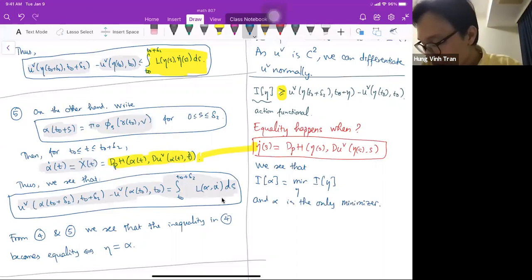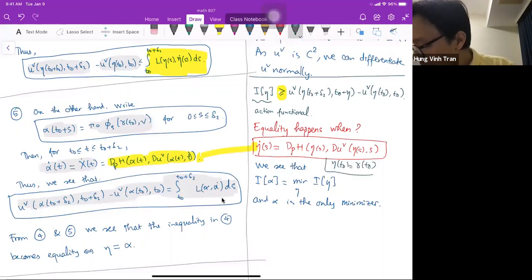Well, it is the only minimizer because you have the ODE: eta dot is equal to the partial of H with respect to p, evaluated at eta. Okay, so that is an ODE. When I say equality happens at this point, I should have said one more thing, that eta at t naught is exactly gamma at t naught.